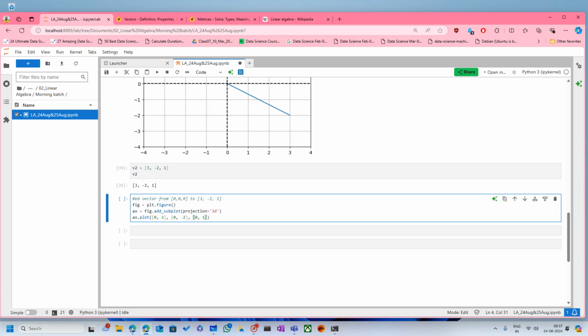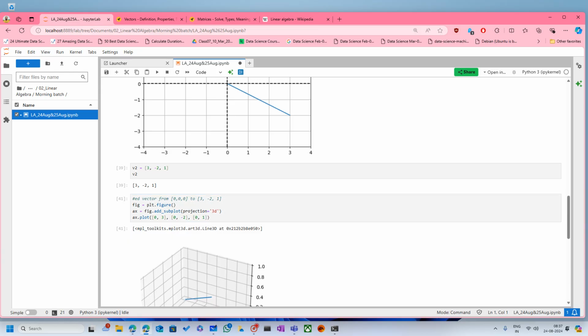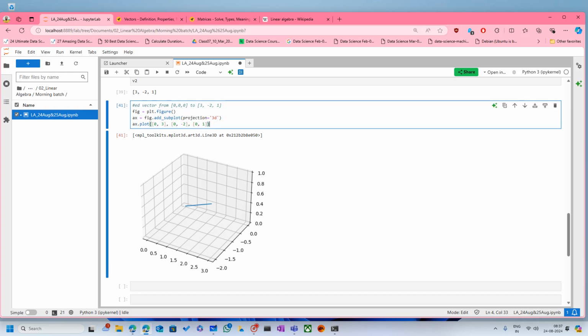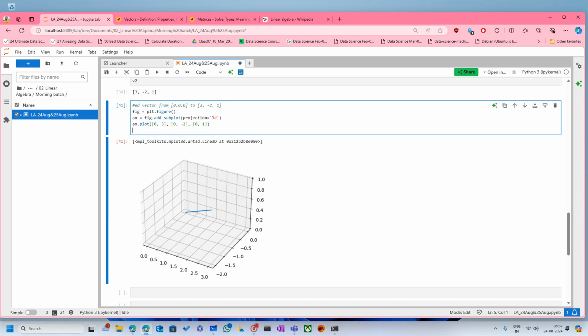If I do that, you get the vector in the 3D space, and now you can go on to add the additional coordinate system if you like. First let's add ax dot plot of 0 comma 0.